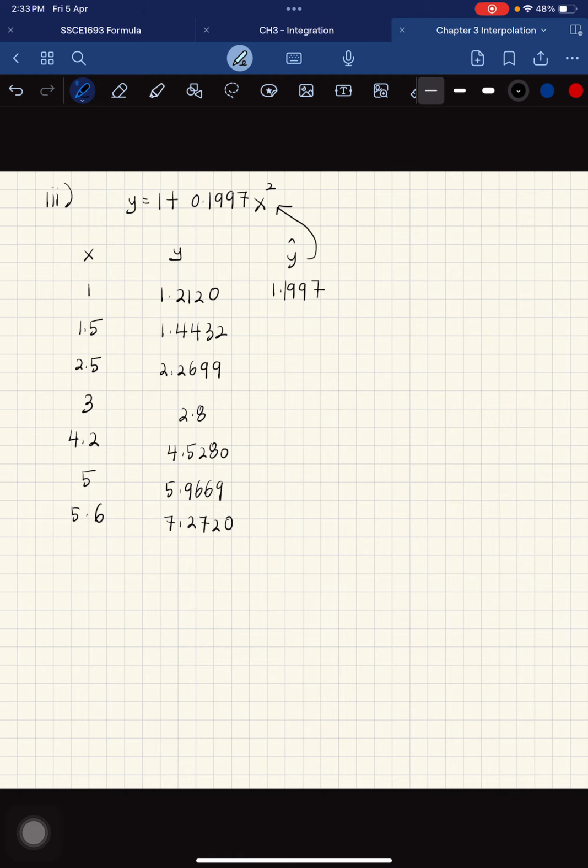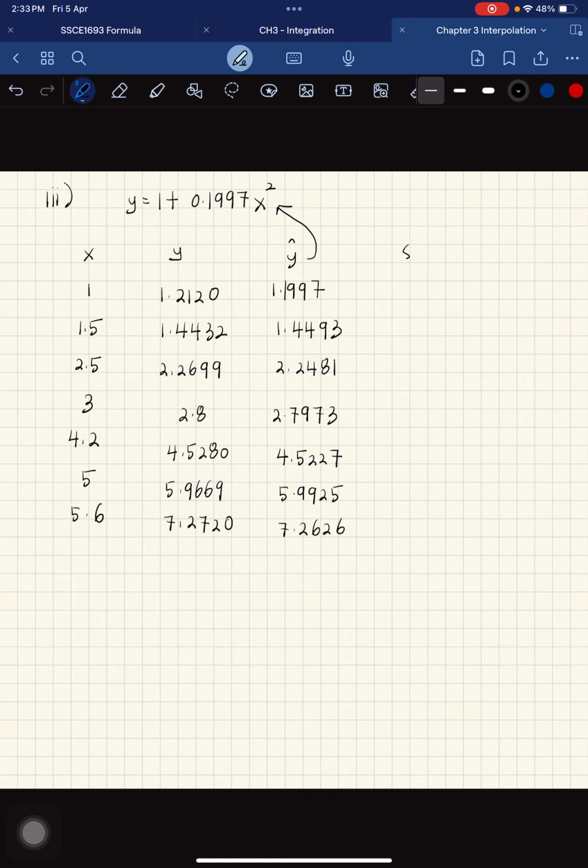1.997, 1.4493, 2.2481, 2.7973, 4.5227, 0.9925, 7.2626.